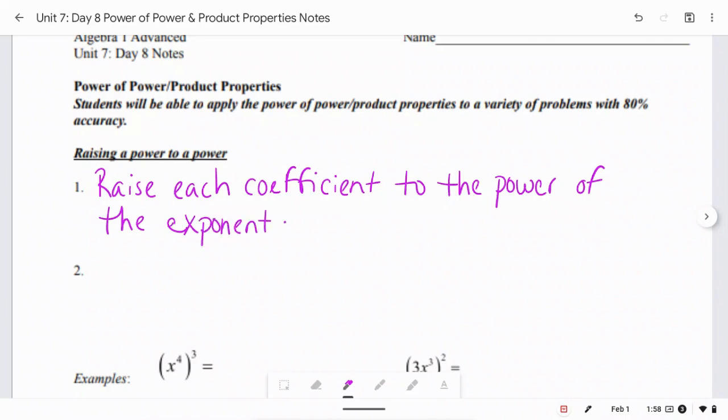So you're going to raise the coefficient to each power. And then the second thing you do is you multiply the exponents.